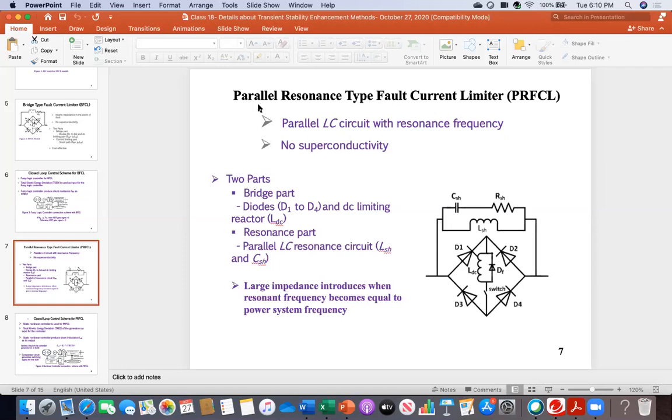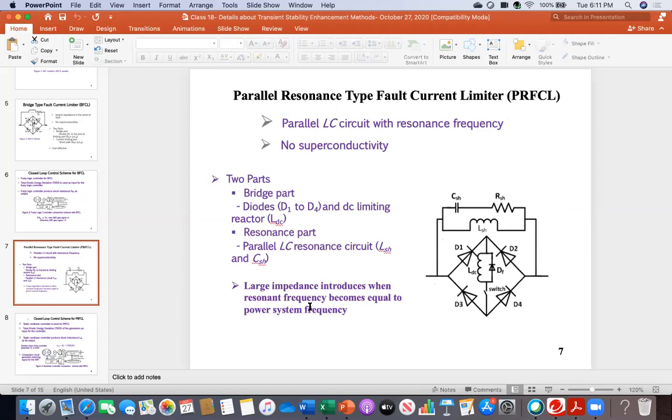On the other hand, with parallel resonance, during fault condition, current will flow here, but they will offer a very high value of impedance. That is the property of parallel resonance. So series resonance offers small impedance, parallel resonance offers high impedance. And that high impedance will impede the flow of current and reduce its magnitude. That's why it is called parallel resonance type fault current limiter.